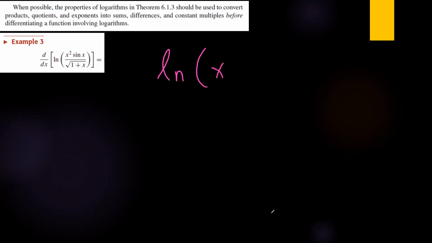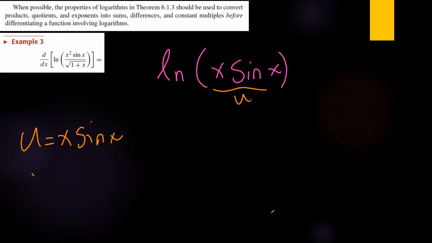If we have x sine x, and we assume that this is u, so du over dx will be 1 times sine x plus cosine x times x.